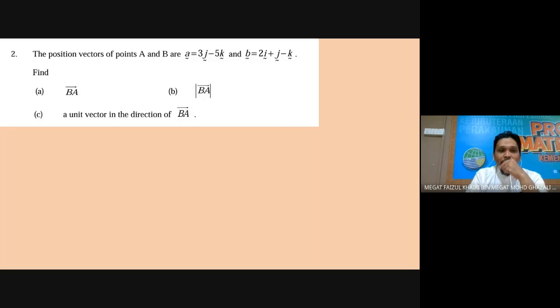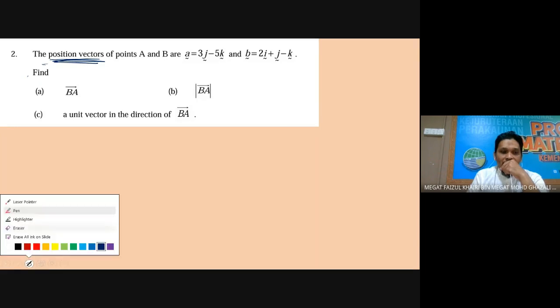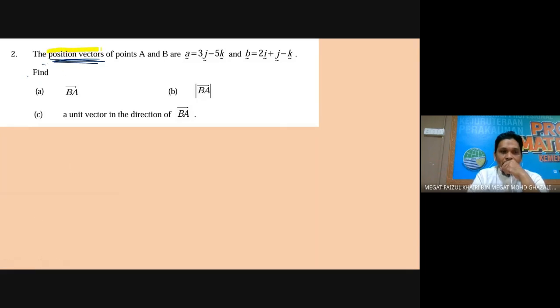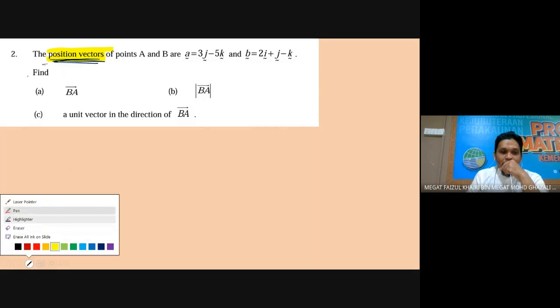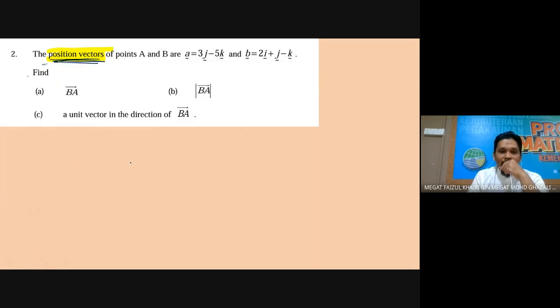Position vector. When it comes to a position vector, it is a vector that starts from the origin point O, with coordinate 0, 0, 0, to one of the coordinates.